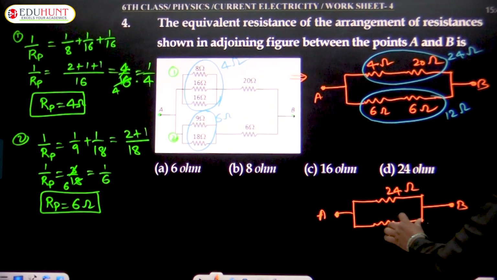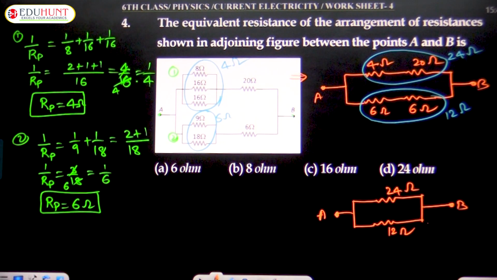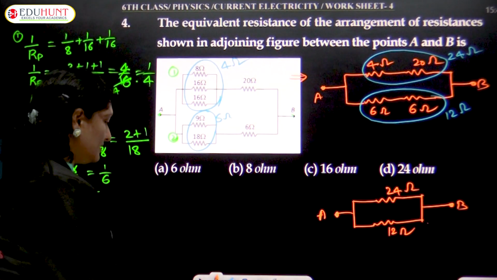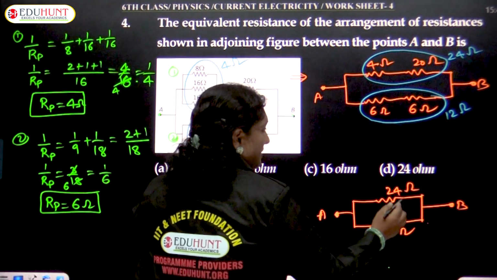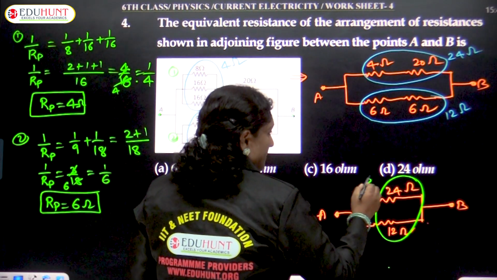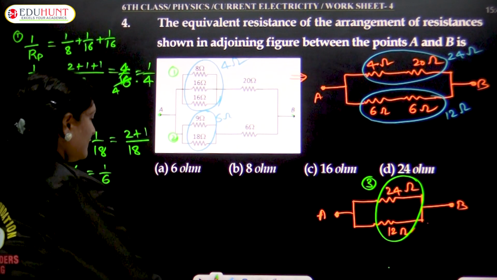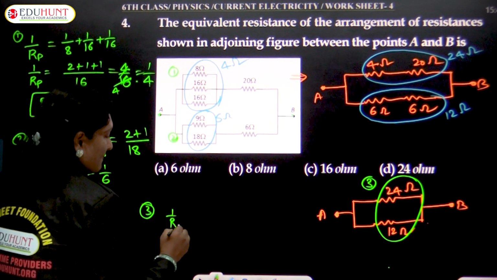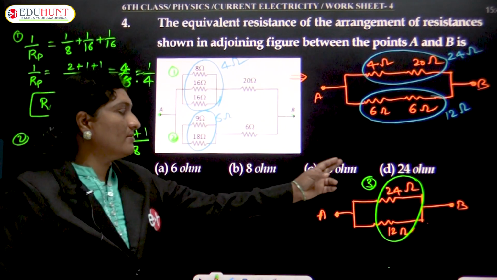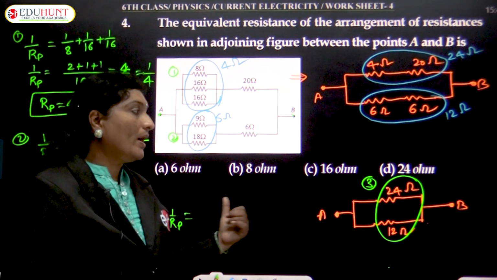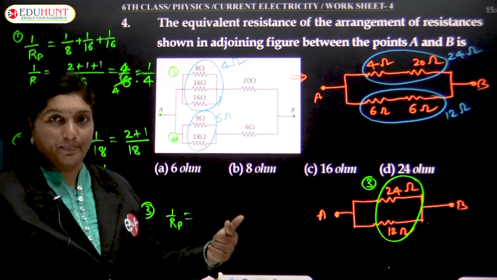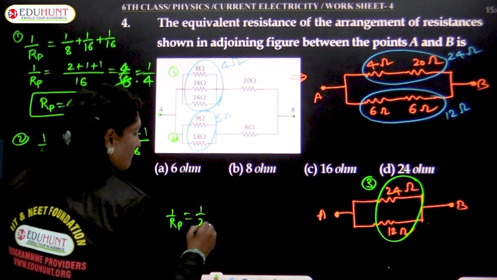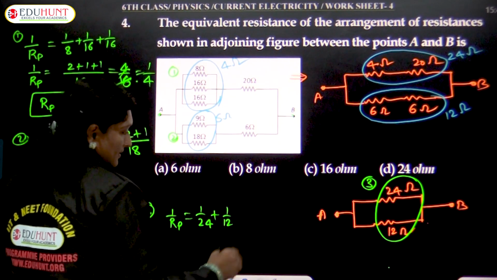When 24 and 12 are connected in parallel, let me name this as case 3. So this third part, after solving, how much are you getting, children? 1 by Rp is equal to, two different resistors connected in parallel, 1 by Rp equals 1 by R1 plus 1 by R2. R1 is 24, so 1 by 24 plus 1 by 12.